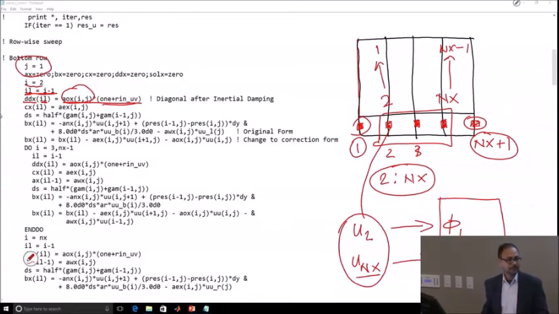Okay? And then my C becomes my A east, and then obviously for the very first one, there is no west, okay? Because the west times the boundary condition has already moved over to source. So there is no western coefficient, all right?